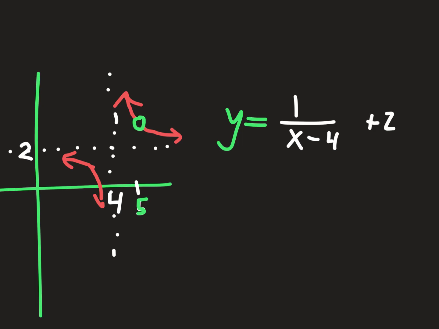Then you do the hole last. Here and here, I'm going to put an x minus 5 because it's right above the 5, see? And an x minus 5. And this is a little thing, but it's very important. Pay attention to this.